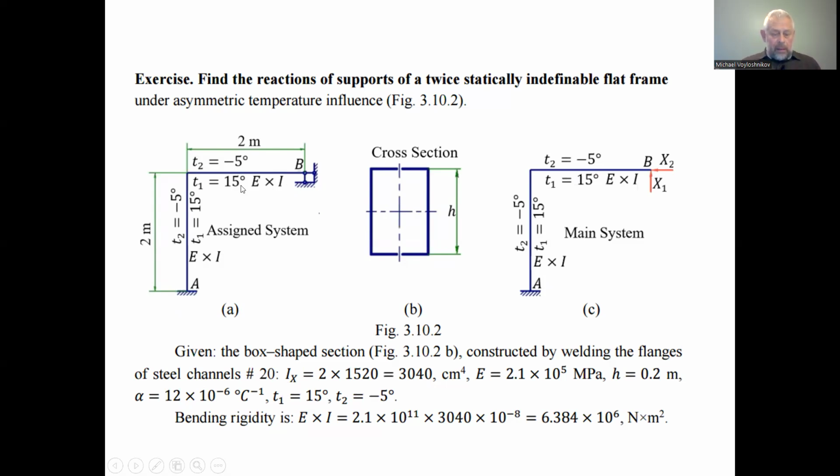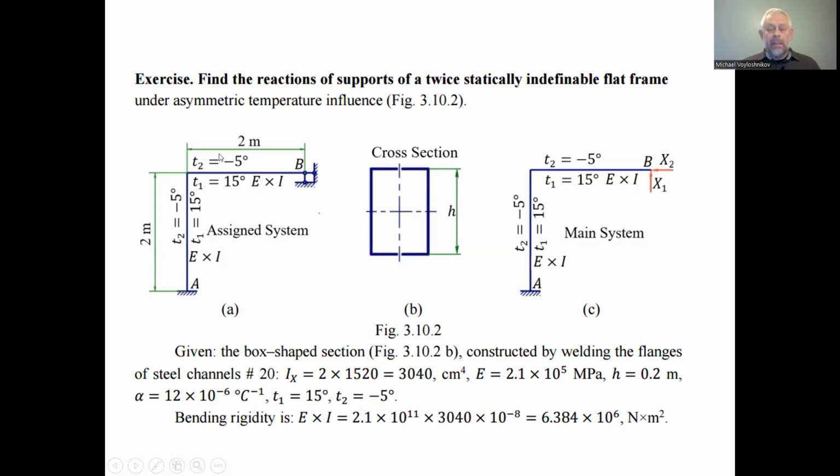And the temperature impacting on the frame is outside minus 5 degrees Celsius and inside 15 degrees Celsius. These are 2 temperatures acting on the opposite sides of both beams within the considered frame.